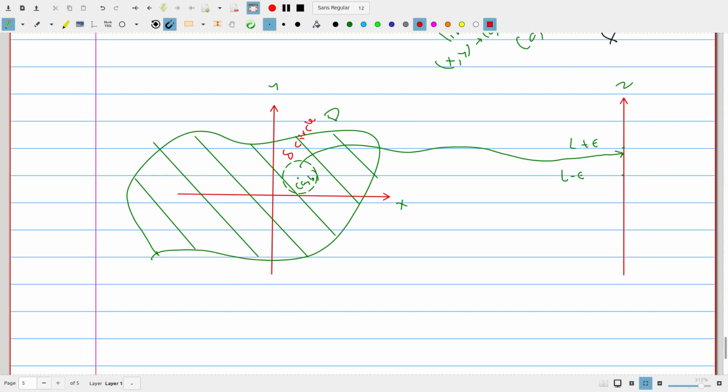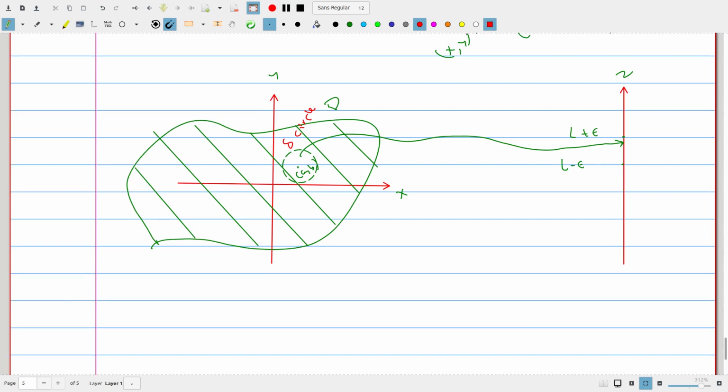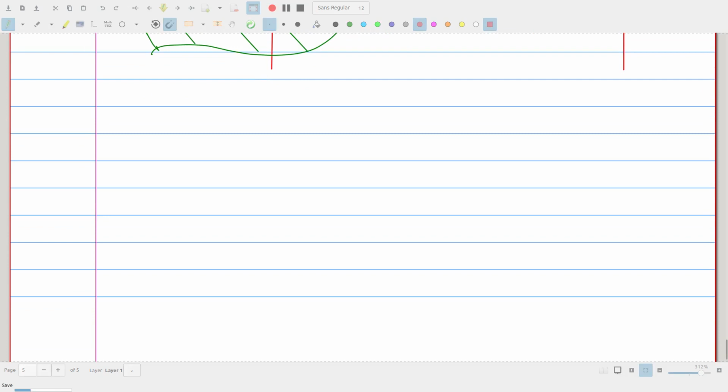Okay, so if you recall from single variable calculus, we have a lot of cases where the limit at a certain point of a function does not exist, right?